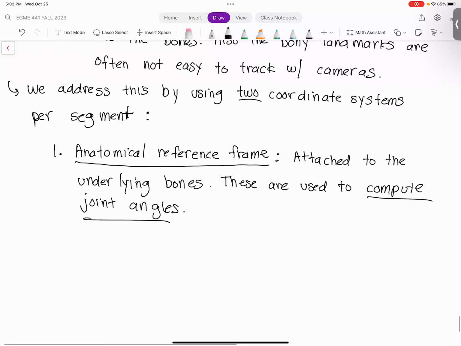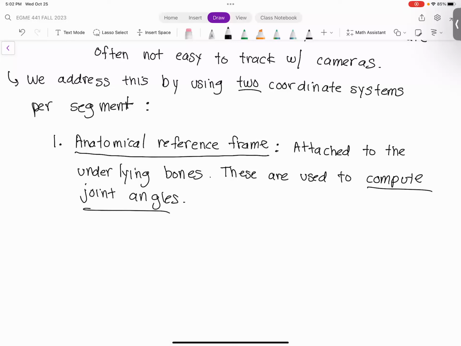Okay. But because of the way that we define these based on where the markers are, the anatomical reference frame is usually difficult to track in real time.